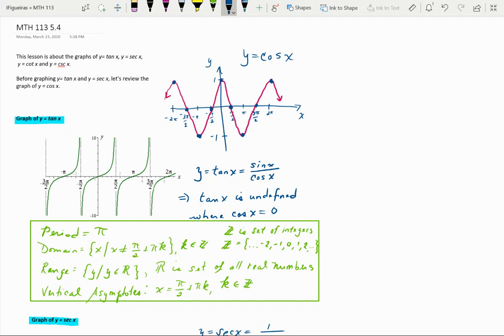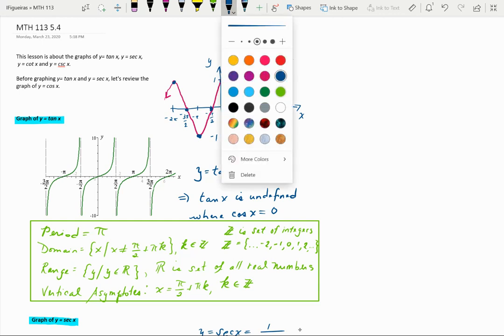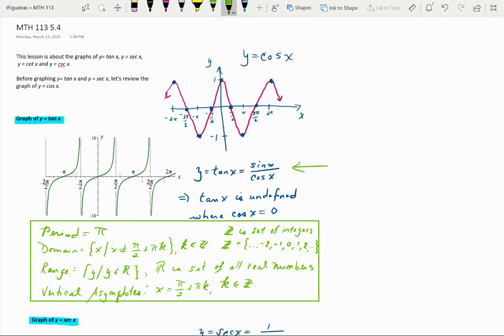All right, so the reason why I want to review cosine before we talk about your tangent function is because tangent is equal to sine over cosine. And because of that relationship, when cosine is equal to 0, your tangent function is going to be undefined, because remember, you can't divide by 0.